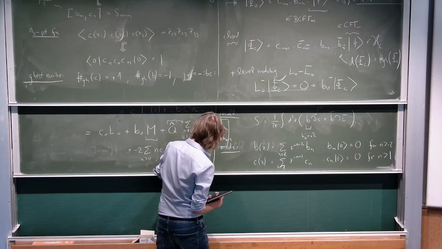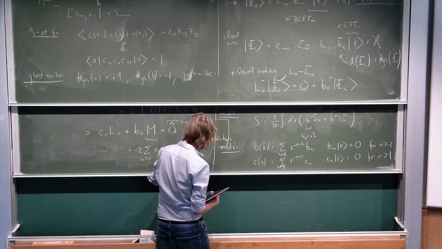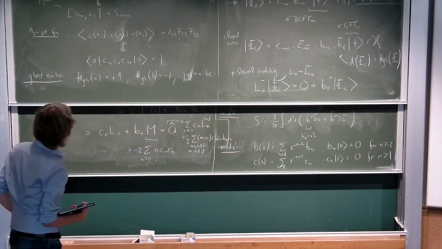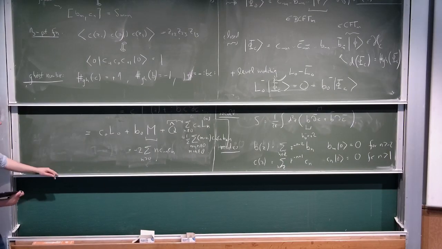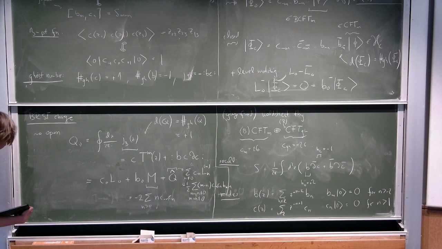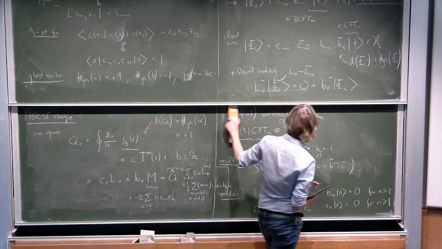And the sum is taken over all m, n such that m and n are not equal to 0, and also m plus n is not equal to 0. So that is an explicit expression for the BRST charge in the open string case. And then you can do some exercises with that if you like computations.